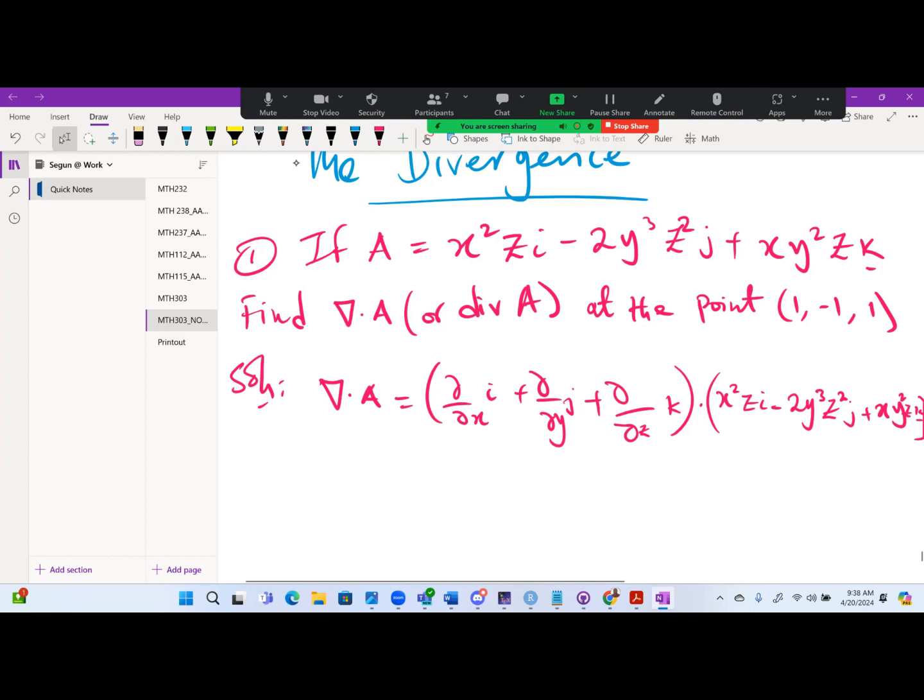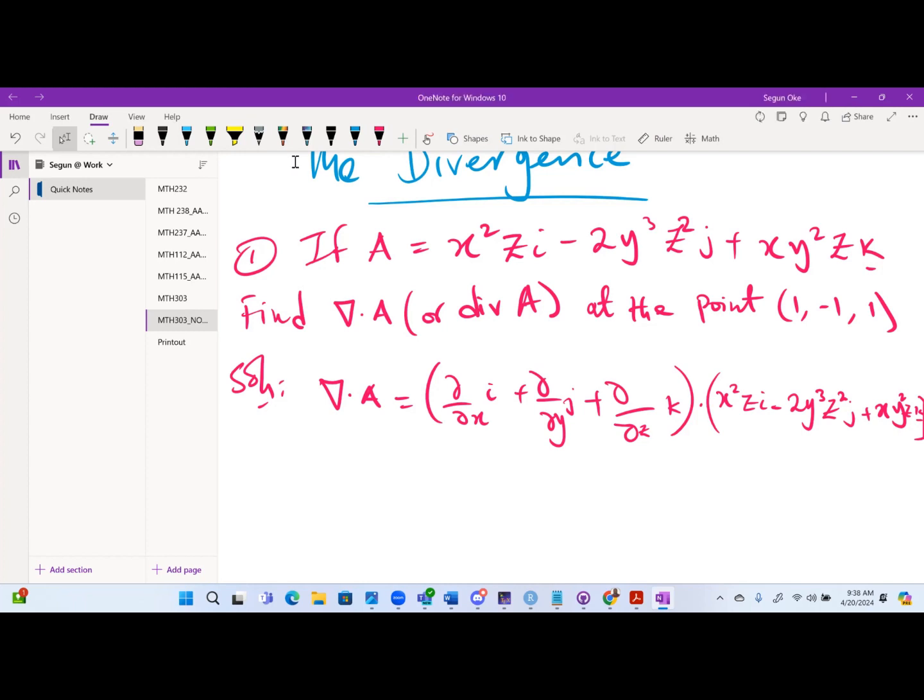Remember, component by component. Let i go to i, let j go to j, let k go to k. So we have d/dx of the entire i component, x squared z.